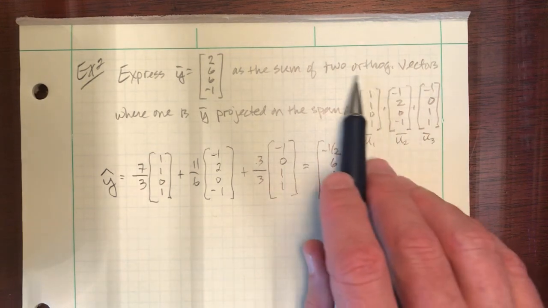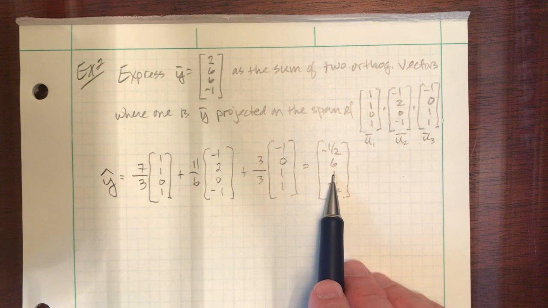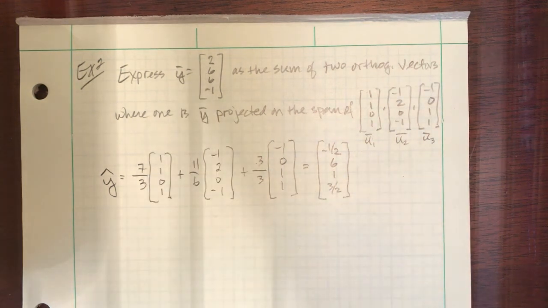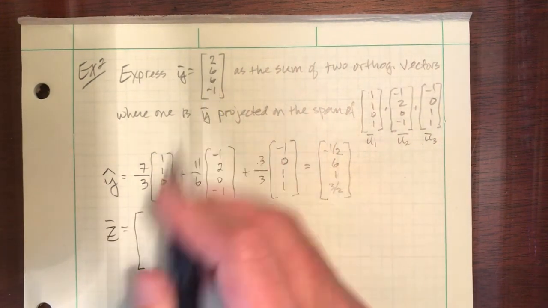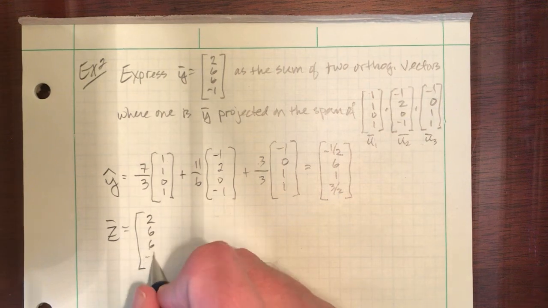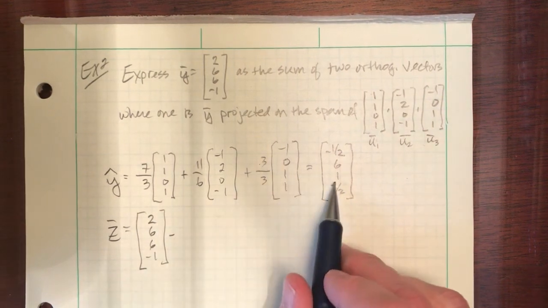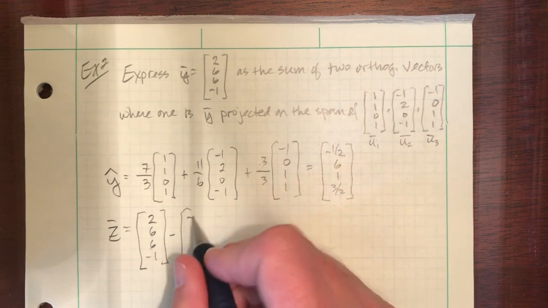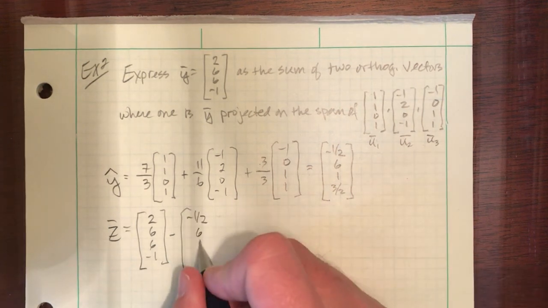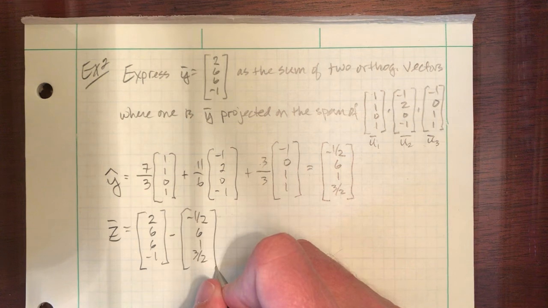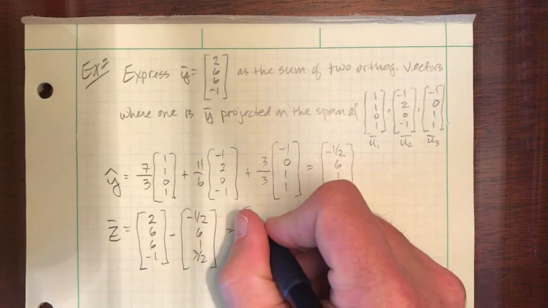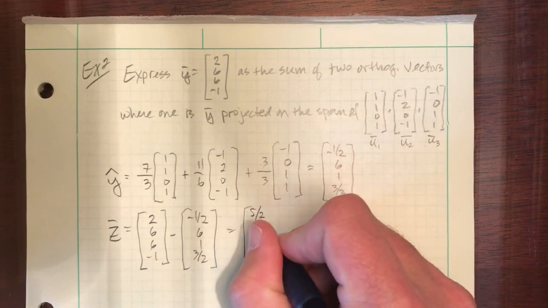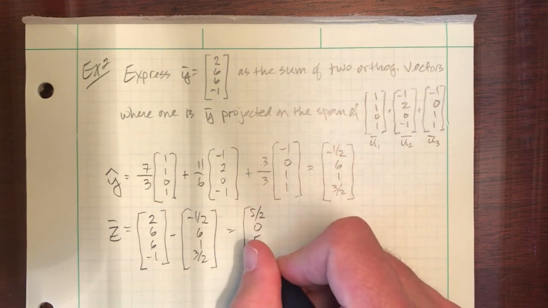So I need to find another vector that's orthogonal to this that just becomes a sum, which gives me my original vector. And that's what we call the z vector. And we start with my original, 2, 6, 6, negative 1. We'll subtract my y hat. And that gives us that final 5 halves, 0, 5, negative 5 halves.